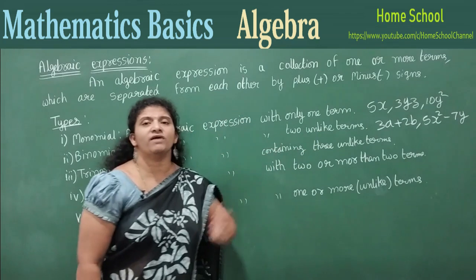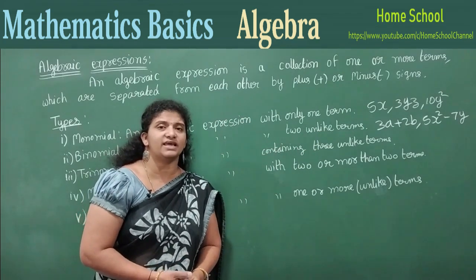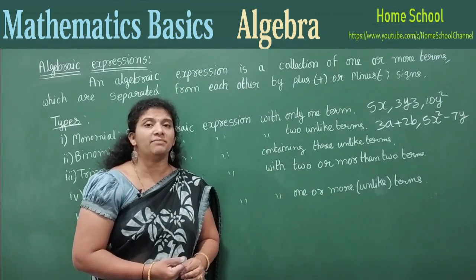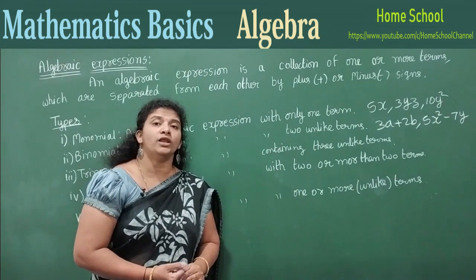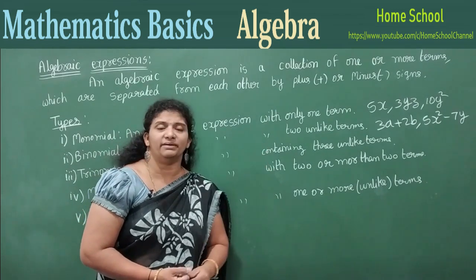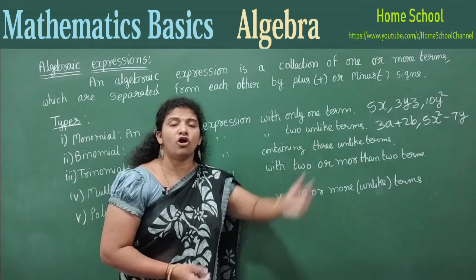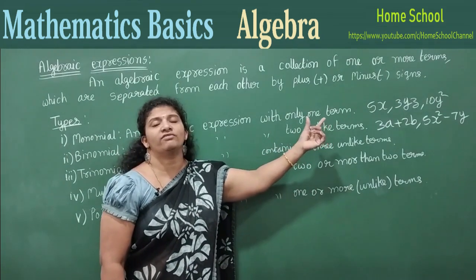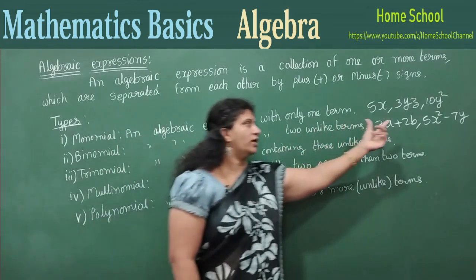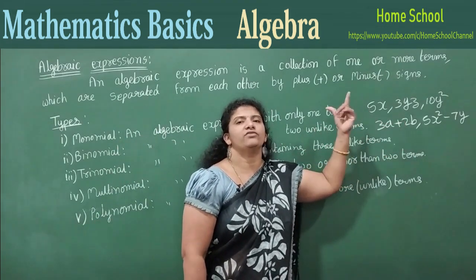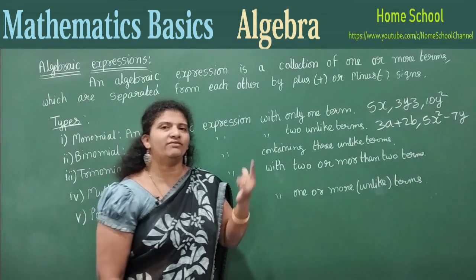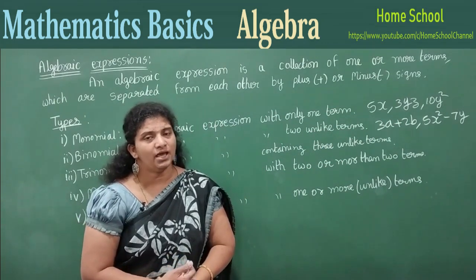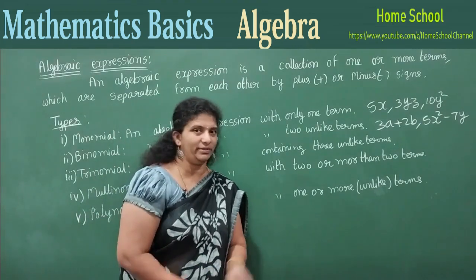So this type of algebraic expression we call a binomial. And this binomial, I may say, is also a polynomial in two variables. It is a polynomial of two terms. If you have two terms separated with a positive or a negative sign, that algebraic expression is also called a binomial or a polynomial.